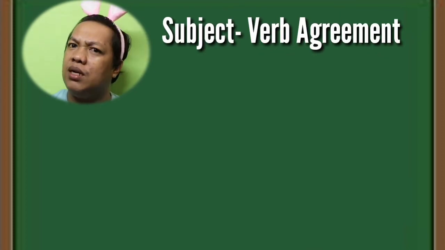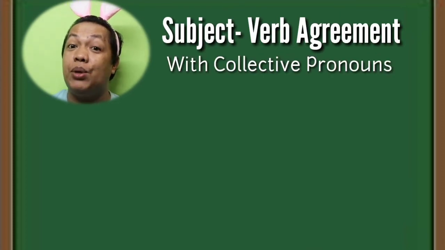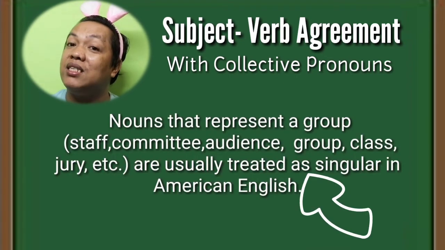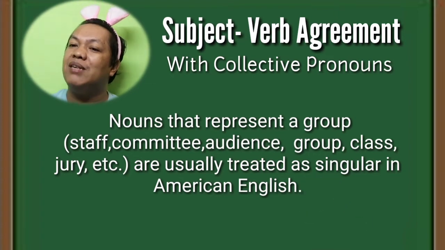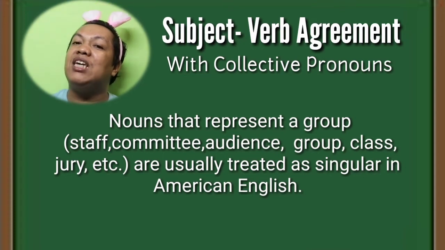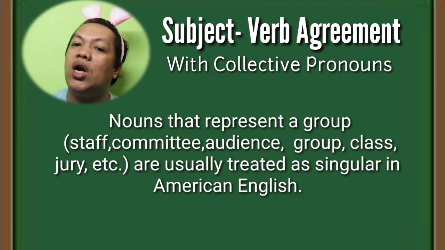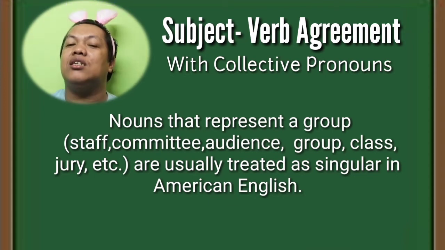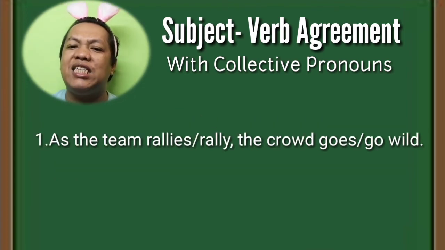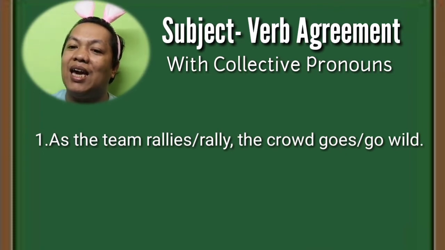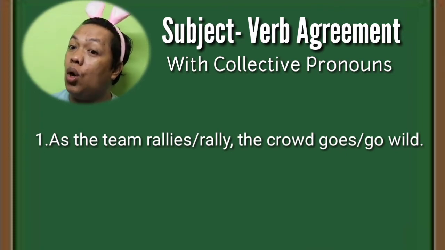Then what about the last thing that you should study involving subject-verb agreement with collective nouns? Nouns that represent a group, let us say fish, a school of fish, staff, committee, audience, group, class, jury, are usually treated as singular in American English. Take a look at your screen. For example number 1: as the team rolls, the crowd go wild.